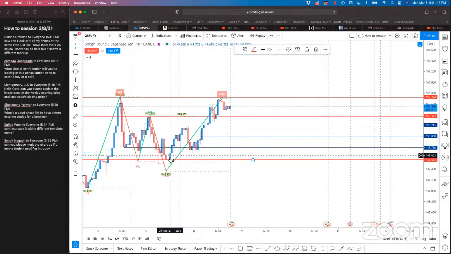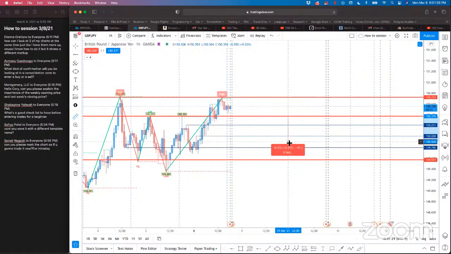I could have put it right here, but let's just make it even. I see a higher low right here, so I'll just add it to this point. The entire trade in this case would be from this break, from this low down to this low, which would have been about 80 pips, right? And I'm taking profit along the way.